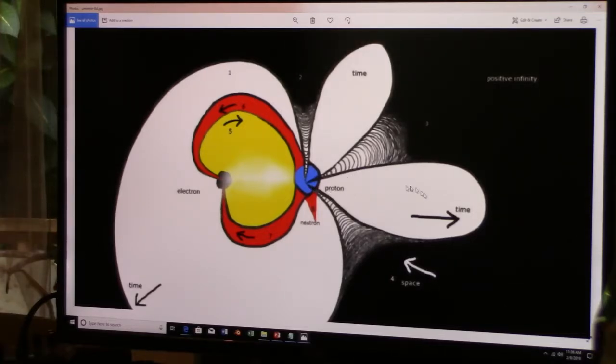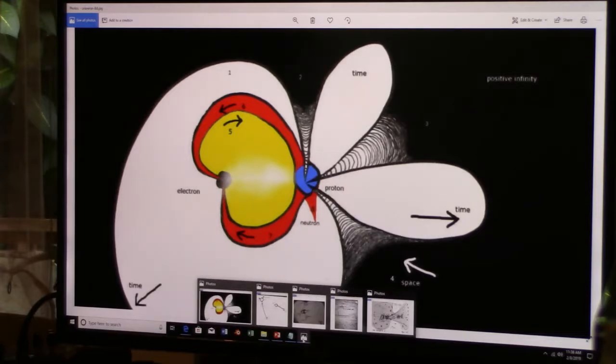And time is flowing out from the proton radially in all directions. Now, the proton also connects through 2 red dimensions to the electron. It's not 3 space dimensions to the electron, only 2 space dimensions, and 1 counterflowing time-like dimension going the other way. And I have a third picture we can look at here.